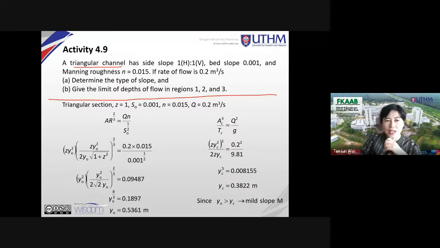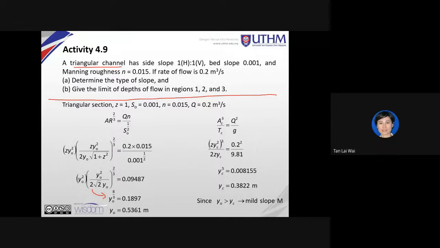Just now I mentioned that for triangular channel, you can solve this directly. You can actually simplify this in terms of Y0. Maknanya, Y0 ialah 0.1897 kuasa 3/8.